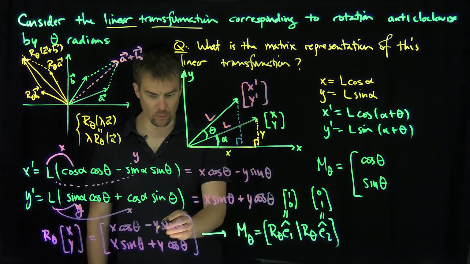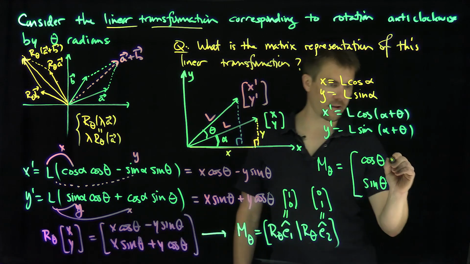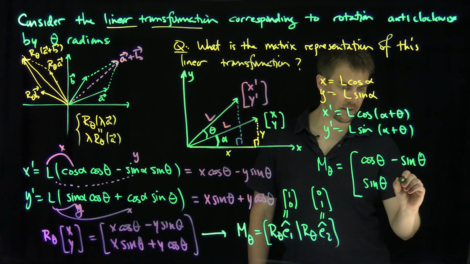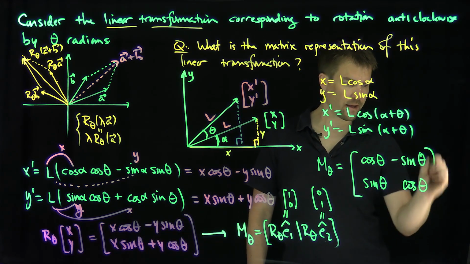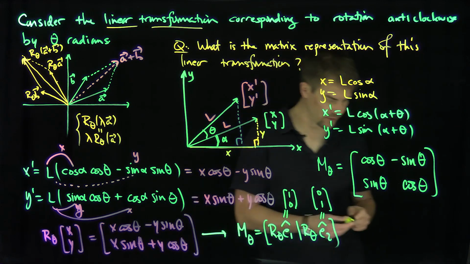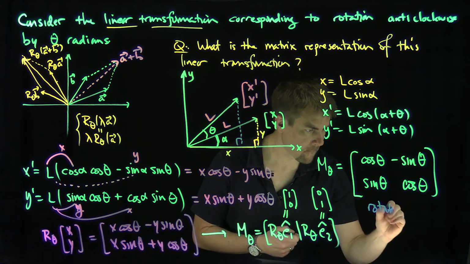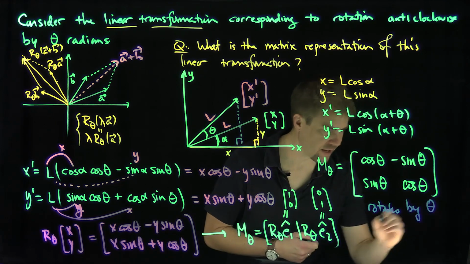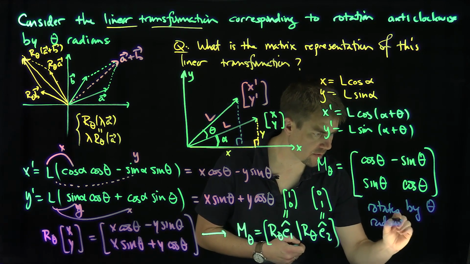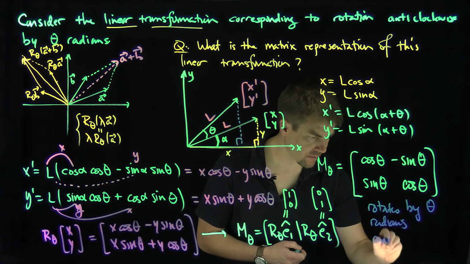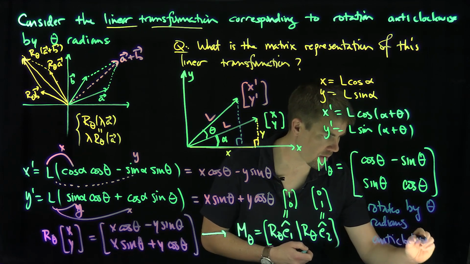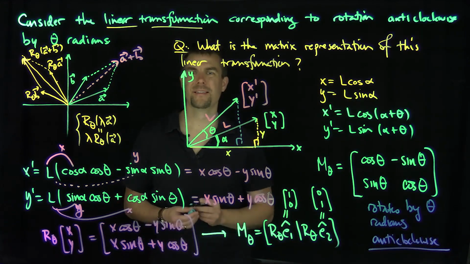And then when y is equal to 1 and x equals 0, I have negative sine theta, cosine theta. And this is the matrix that rotates by theta radians anti-clockwise. Thank you very much.